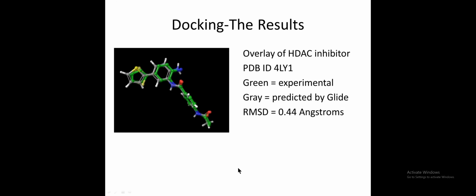So this was a project that I was involved in that involved inhibitors of histone deacetylase. Specifically, the PDB ID, all of the compounds within the protein data bank were given a 4-letter or number code that will identify it. This was for LY1.